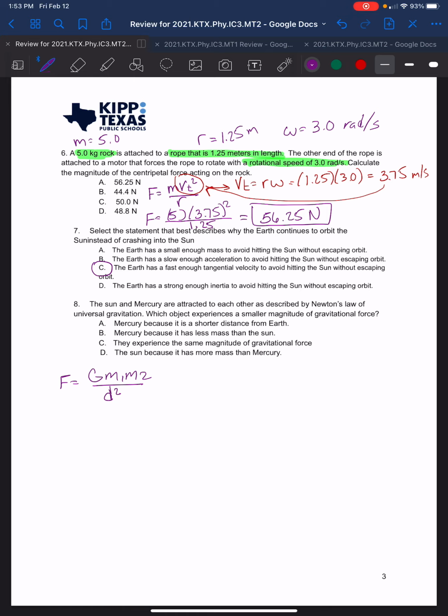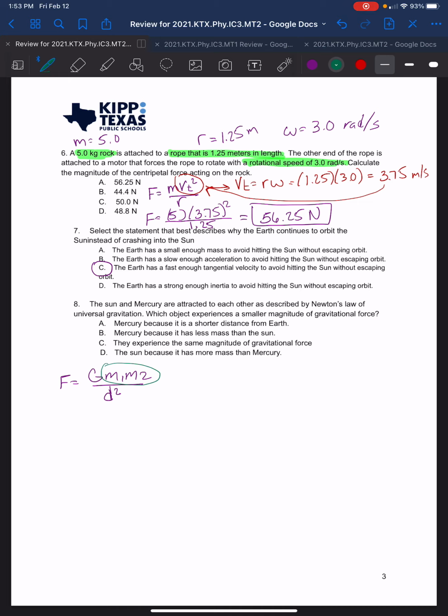And what they really want you to point out in this particular question is that these two terms right here are the masses. So whatever force the sun experiences from Mercury is the same force that Mercury experiences from the sun.